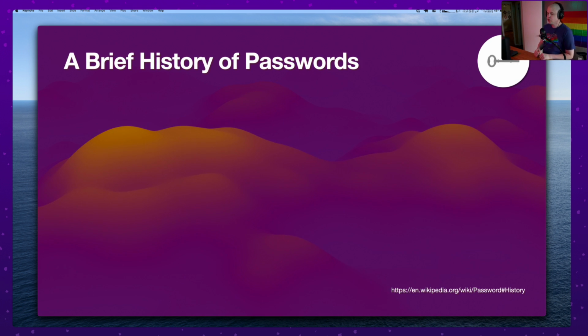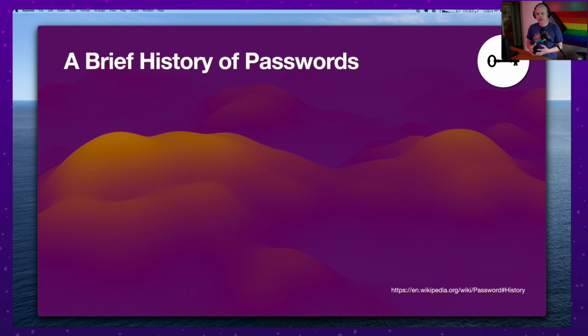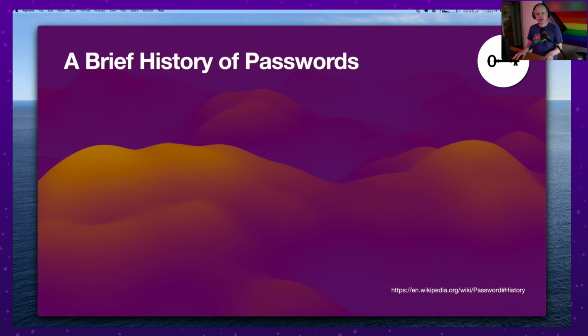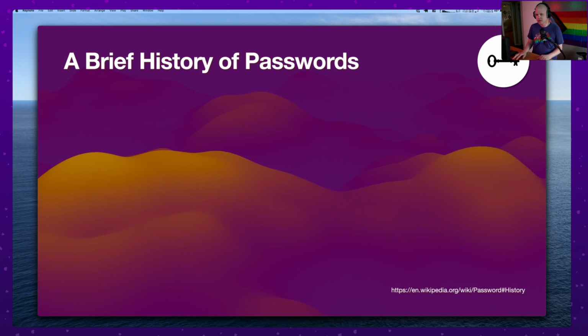Cool. So to understand the value of WebAuthn, I think it's helpful to take a quick look at the history of passwords. This is not a deep dive. We're not really focusing on how to improve password security. We're looking at replacing passwords entirely.